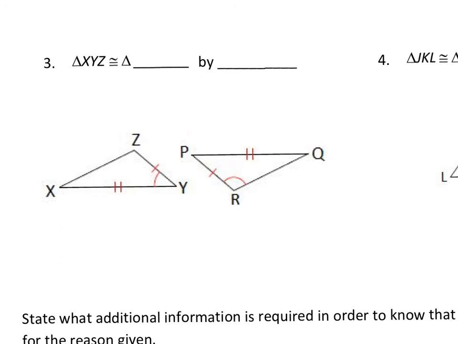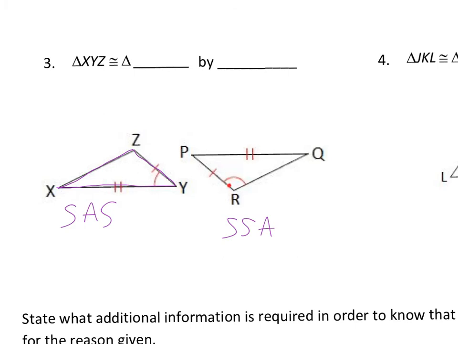Number 3, we're looking at triangle XYZ. Want to identify its congruency here. And while our triangle XYZ does have a side, an angle, and a side marked, if we look over to triangle PRQ, we have a side, side, and an angle marked.